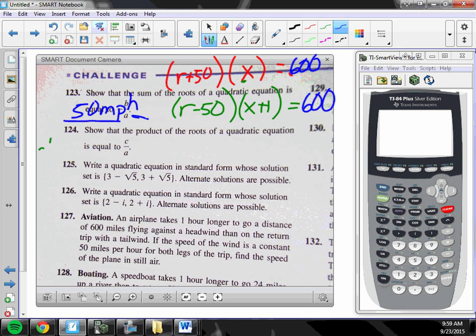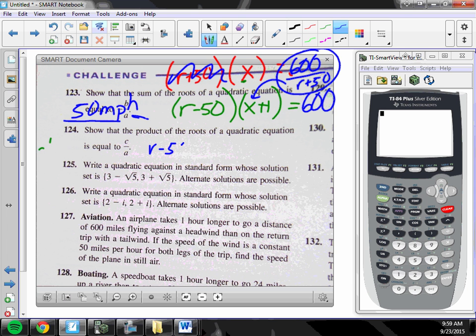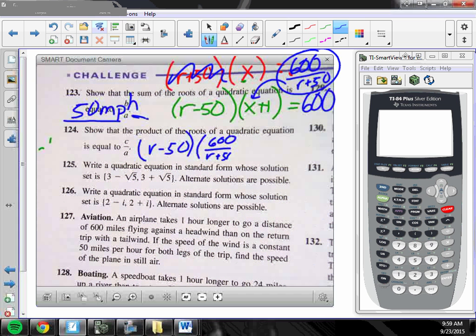X in the top equation. So I'm going to divide this by R plus 50, and then stick this stuff in here. So R minus 50 times 600 over R plus 50 plus 1 equals 600.